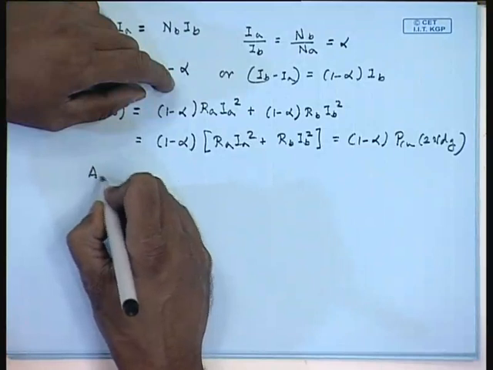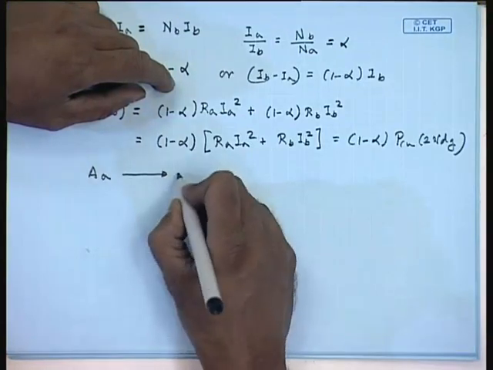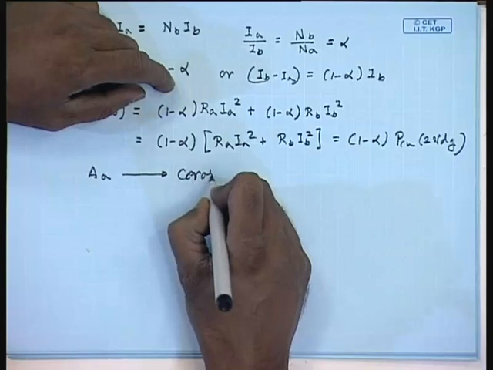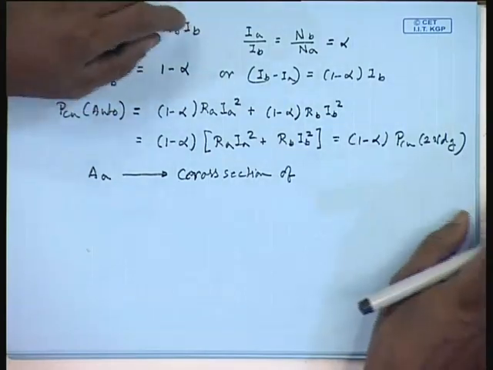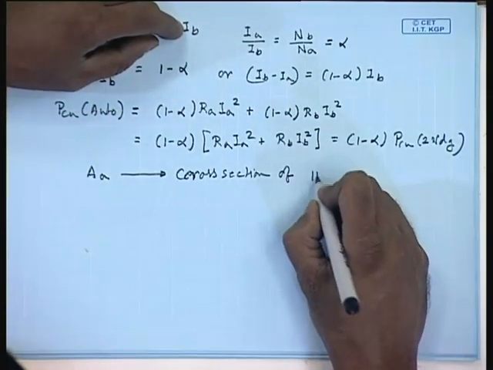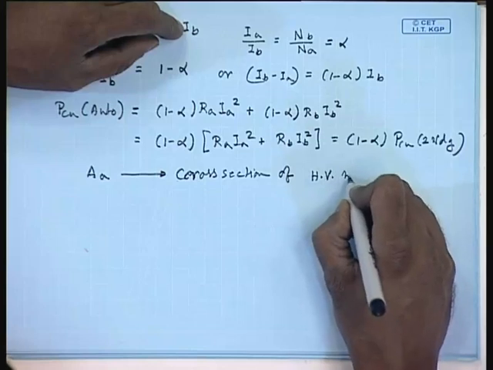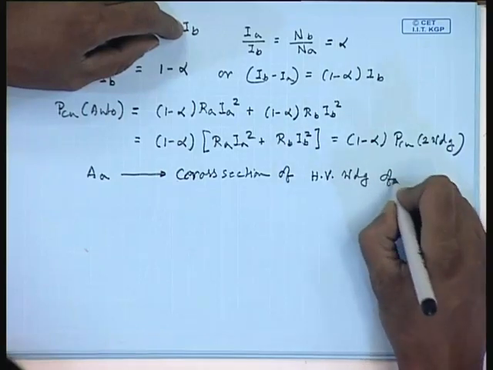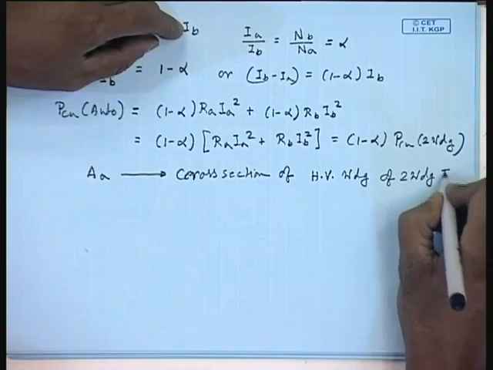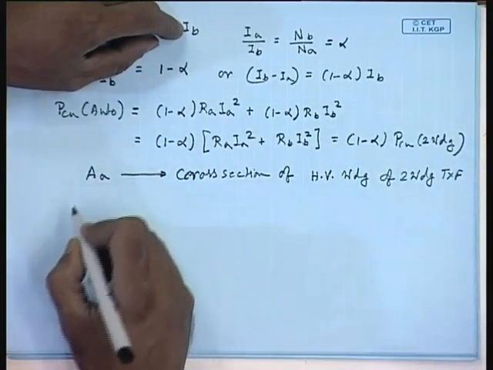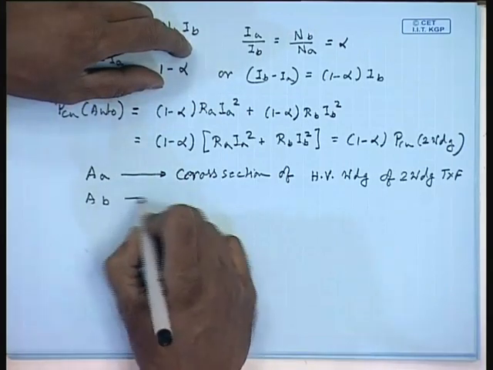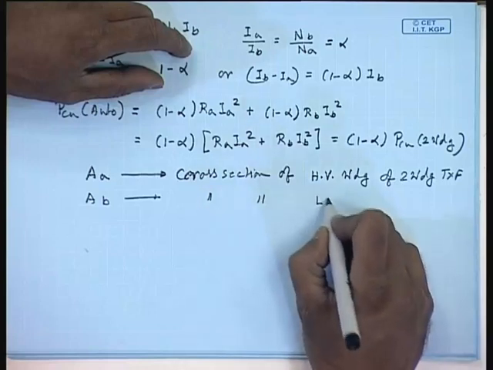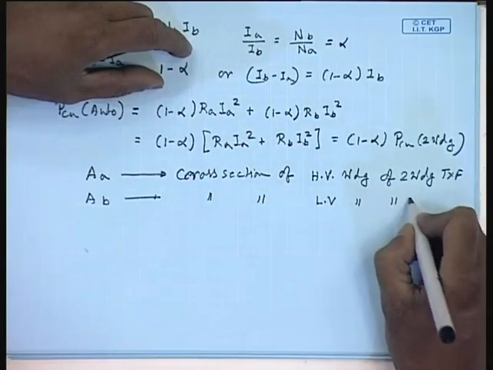For that, let us define AA to be the cross section of the HV winding of the two winding transformer, and AB the cross section of the LV winding of the two winding transformer.